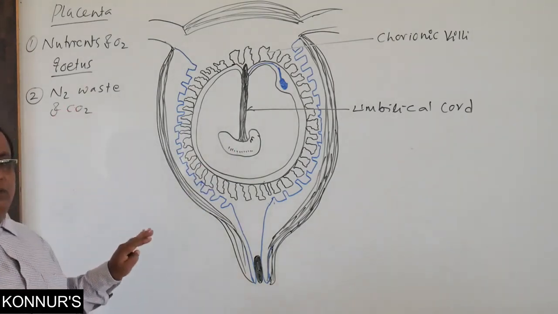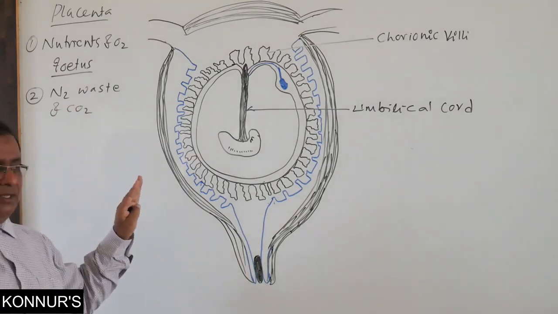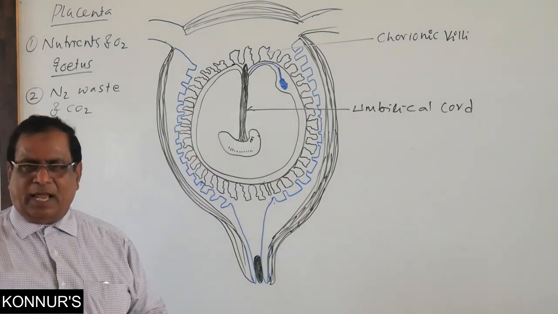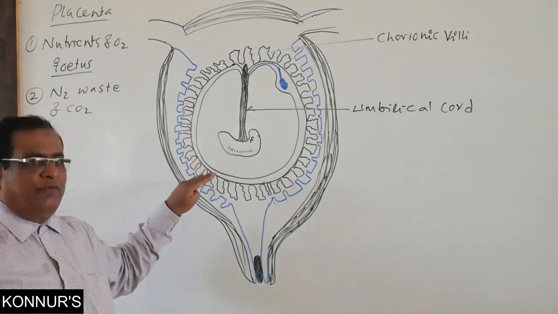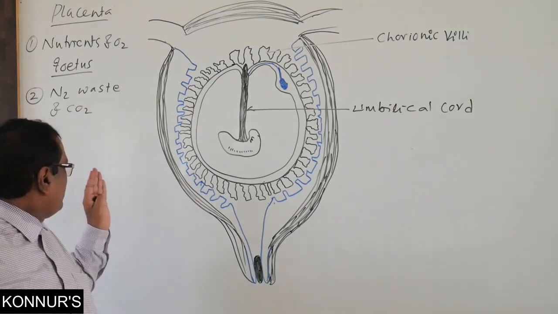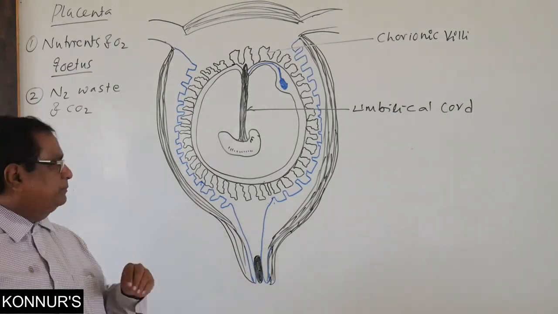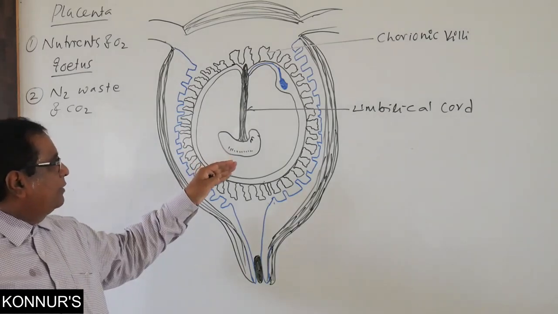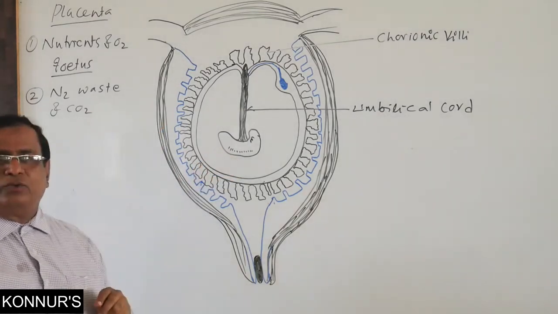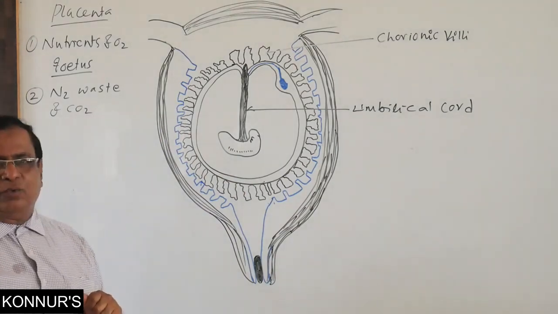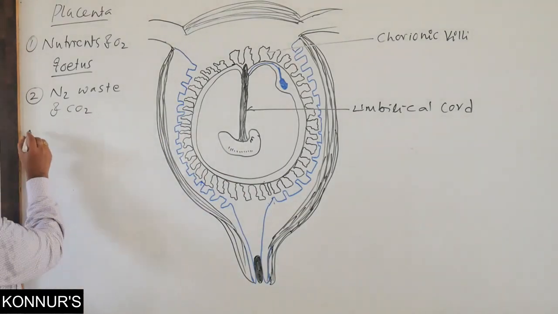So nutrients and oxygen are supplied to the fetus through the placenta, and waste formed in the fetus comes back to the mother's blood through the placenta only.